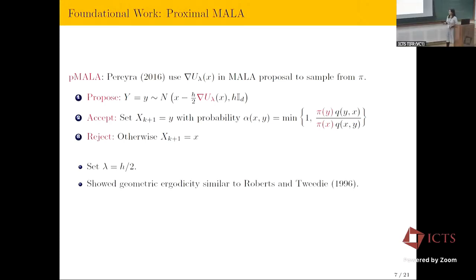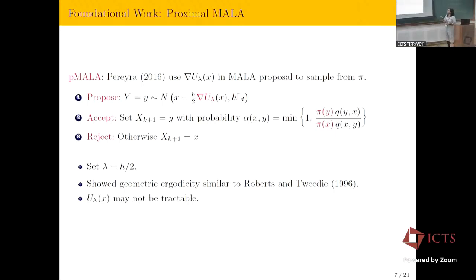But that's what it was, and they went on to show results on geometric ergodicity similar to the results I discussed in the previous lecture for the MALA algorithm from Roberts and Tweedie. So there are some sufficient conditions that say, even though you replace the true gradient with the gradient of an approximation, under very similar conditions you will still converge at a geometric rate to the distribution of interest.